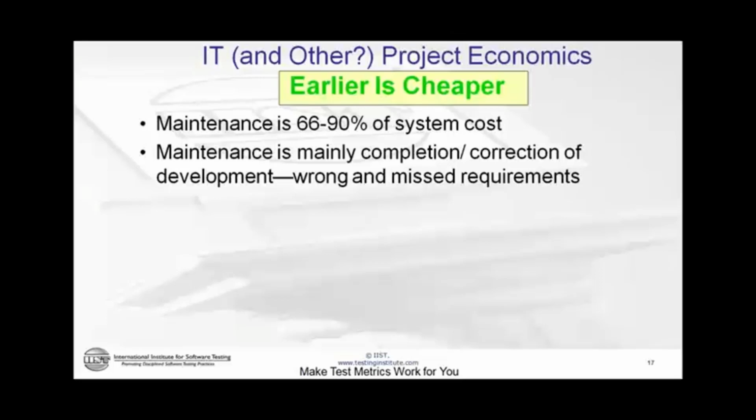Most maintenance is finishing and fixing things that could have and should have been known, but were not. Often because requirements that were defined were wrong, or they were not defined when they could have and should have been.